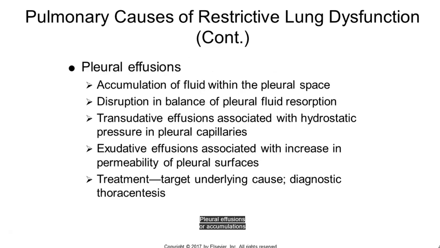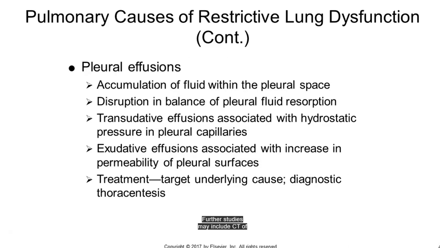Pleural effusions are accumulations of fluid in the pleural space. They can be transudative due to increased hydrostatic pressures in the pleural capillaries, as commonly seen in congestive heart failure, or exudative due to increased permeability of the lungs, as seen in pneumonia and malignancies. Effusions are diagnosed by clinical history and exam, followed by chest x-ray and pleural fluid analysis.